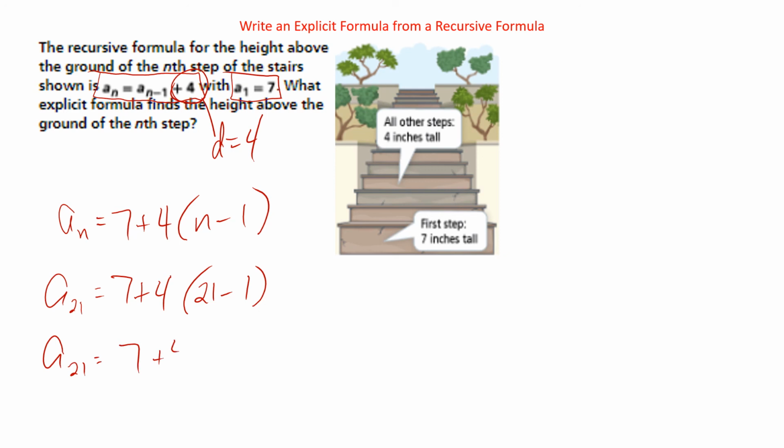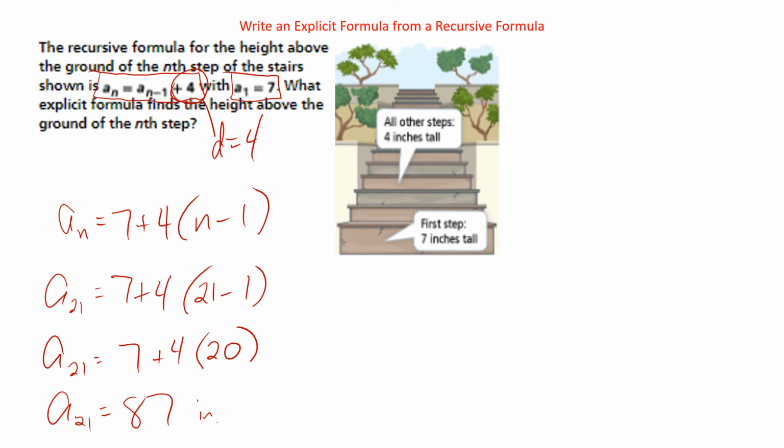So we have 7 plus 4 times 20. 4 times 20 is 80, plus 7. a21 equals 87 inches. So that 21st step will be 87 inches above the initial ground level.